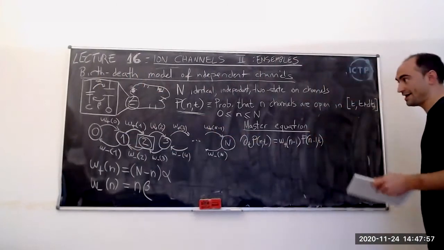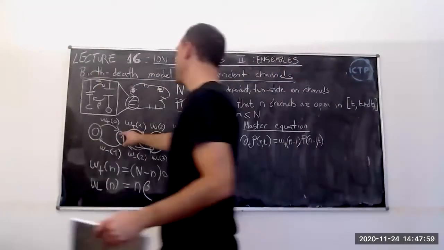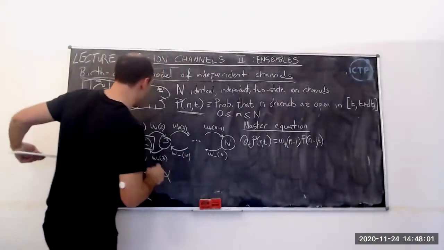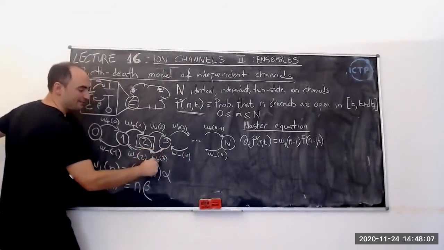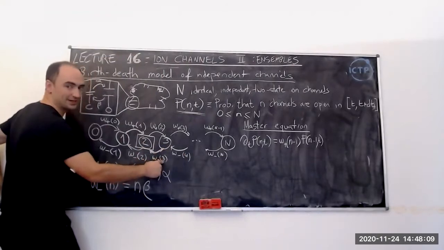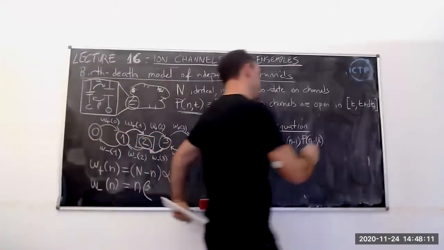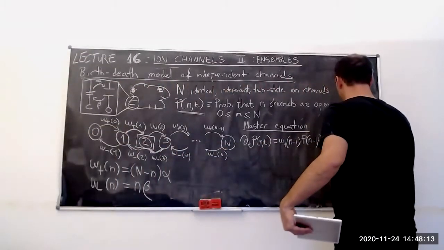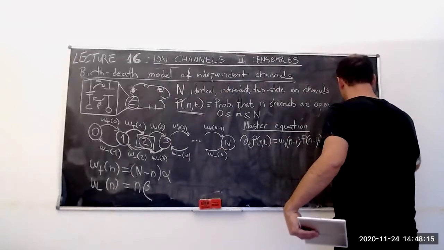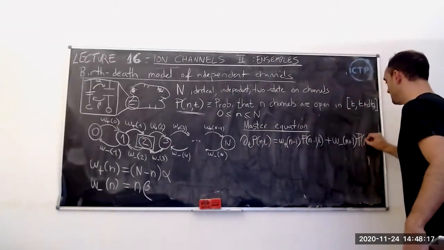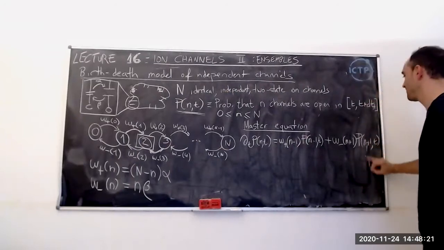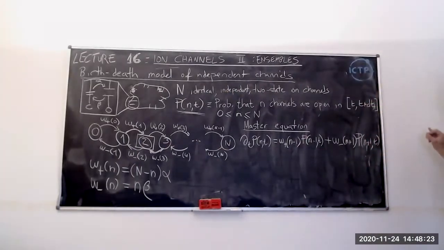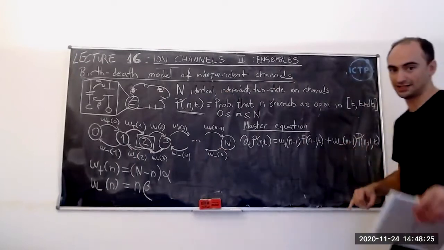I also have an incoming term from the other side: I come with ω⁻(n+1) times P(n+1, t). These are the gain terms for the probability of state n.